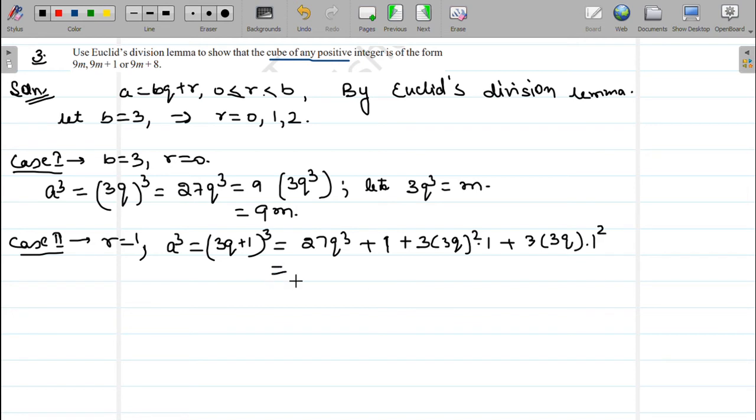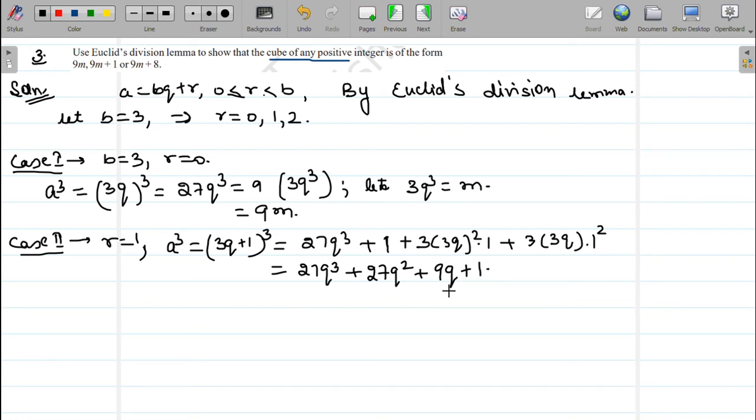Right? So this is 27q cube, and what is this? This is 9 into 3, 27q square, plus this is 9q plus 1.